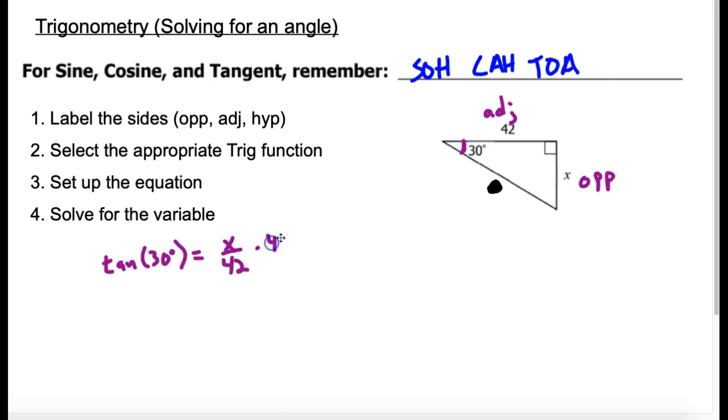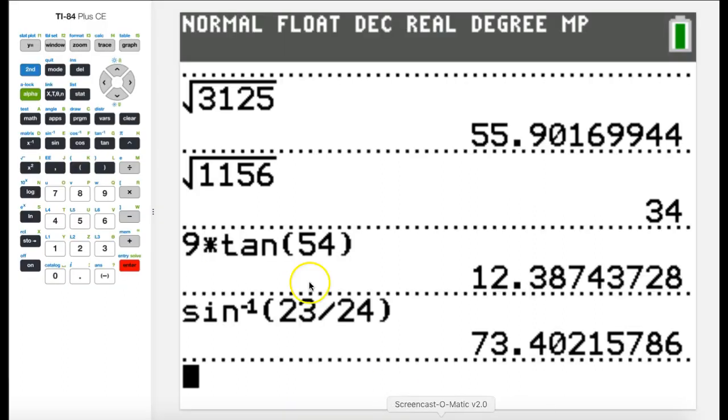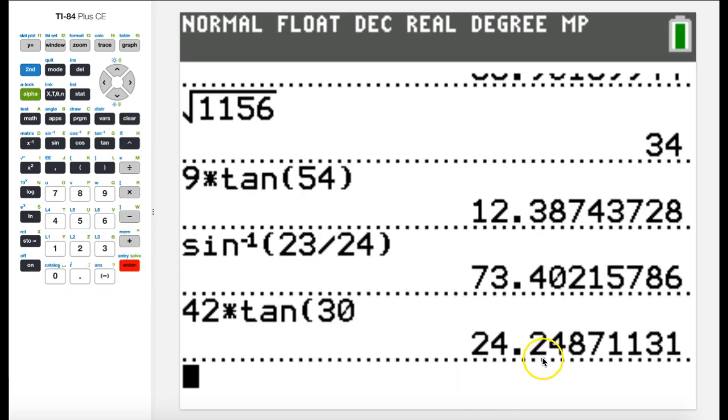Multiply both sides by 42. And we'll put 42 times the tangent of 30 into the calculator. 42 times tangent of 30, we get 24.2 if we round to the nearest tenth.